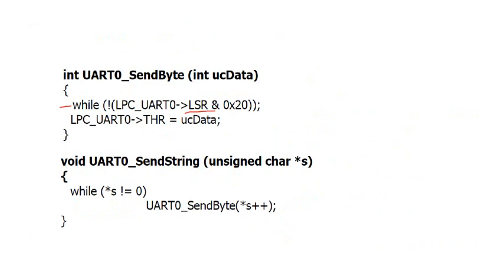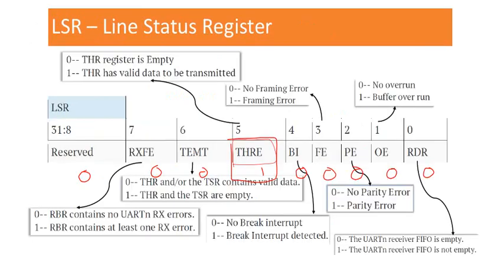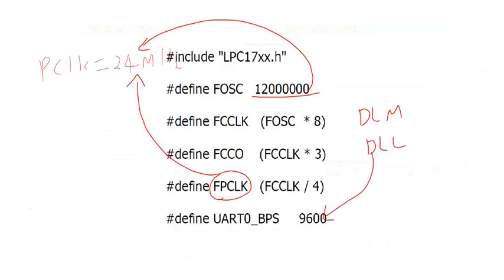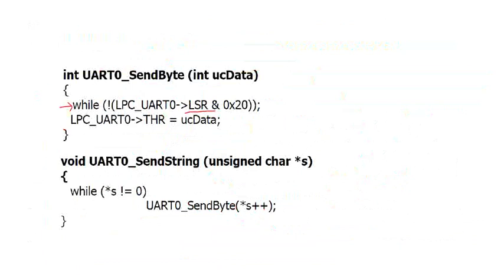We are waiting until the value becomes 1, which means a valid data to be transmitted is there. So it waits till I get valid data. Once I get the value 1, the condition fails, and then I write the data immediately to my register, to U0THR.